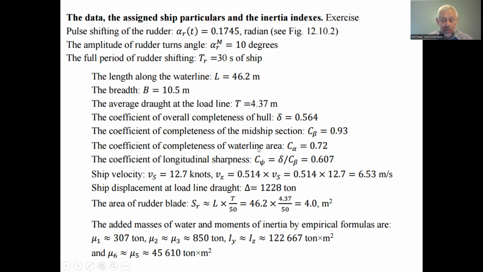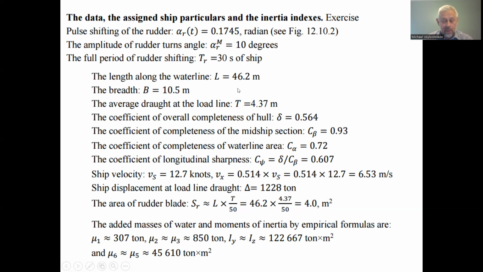The coefficient of completeness of the waterline area is the proportion of the waterline area to the area of the rectangle with the sizes of the ship length and breadth. And the coefficient of longitudinal sharpness of the ship is the ratio of the overall completeness factor to the coefficient of completeness of the midship section, 0.7.